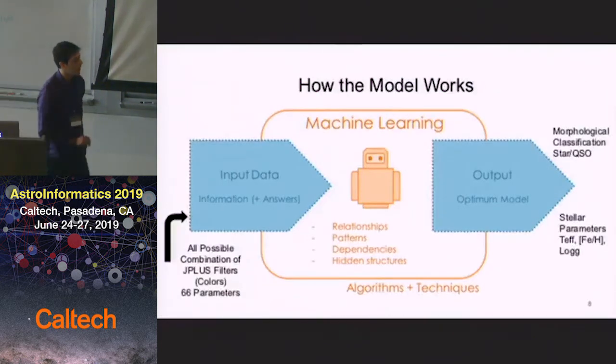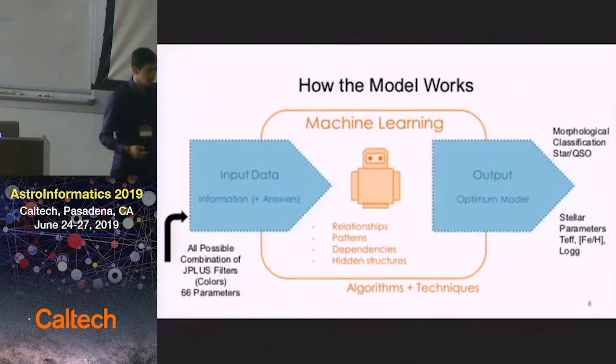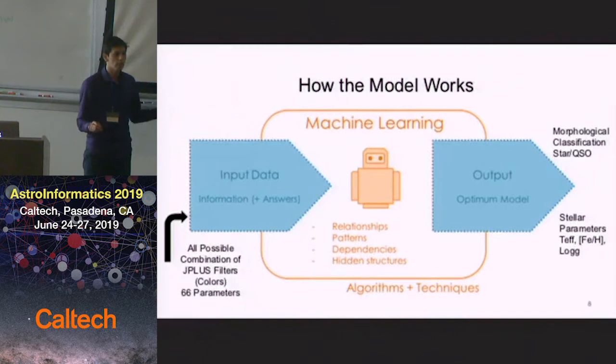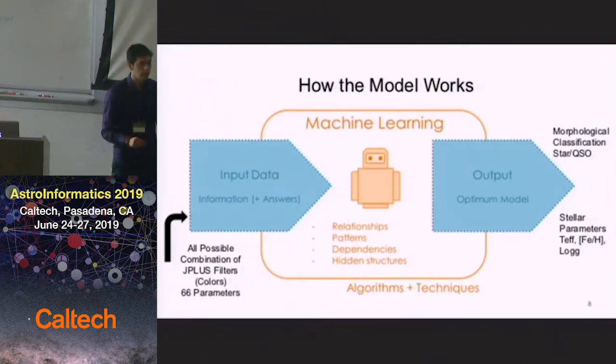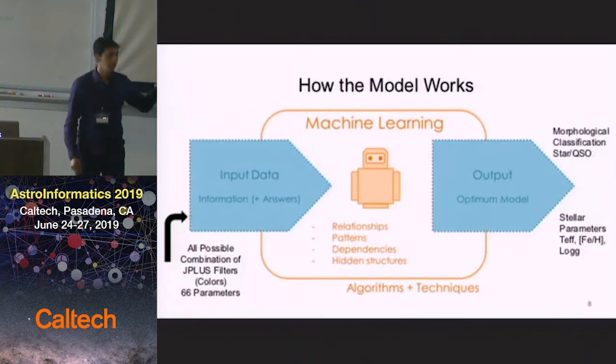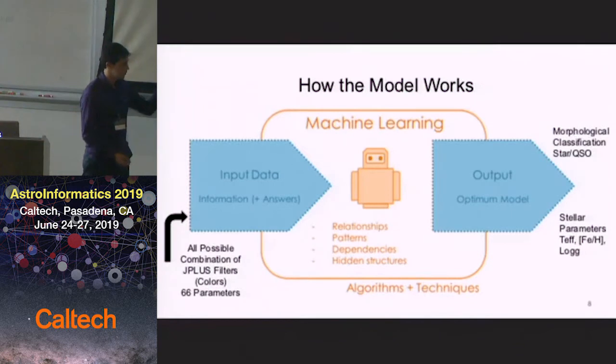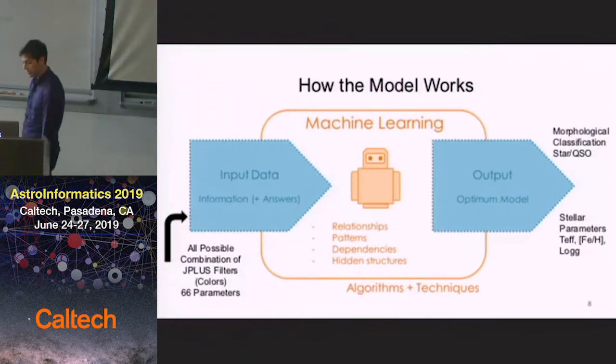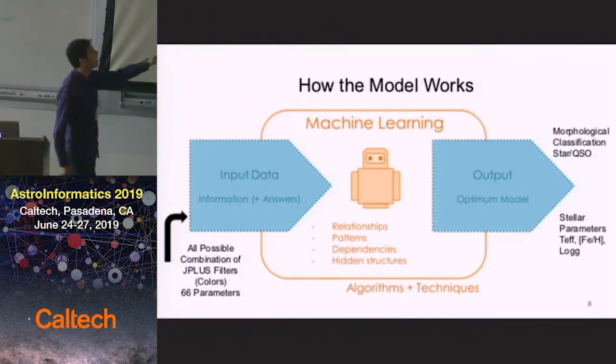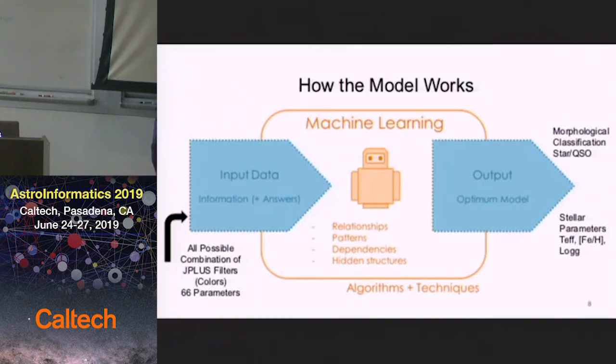So the idea is I built a model using as an input all the possible colors based on this photometric system. In total, the inputs will be 66 colors based on these JPLUS filters. As an output, I can end with a morphological classification and the regression of stellar parameters.